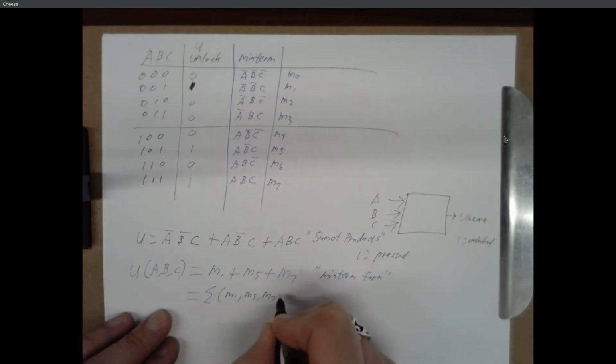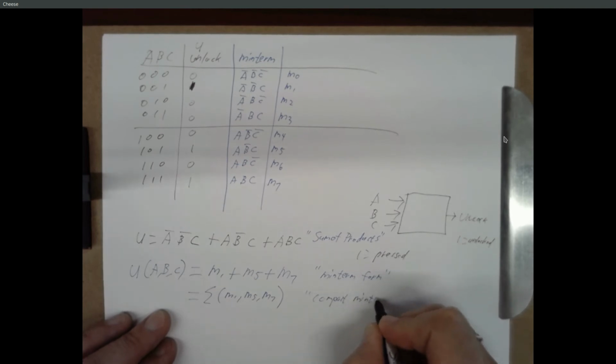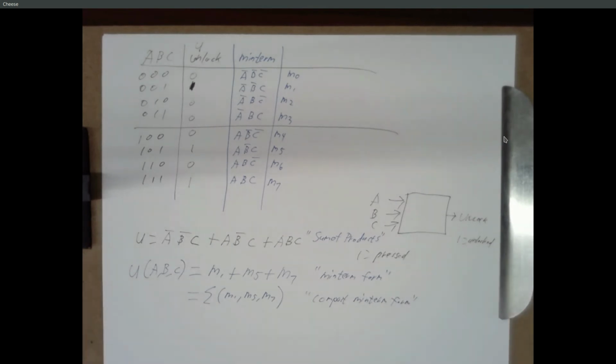And sometimes we write it like this, which is called compact minterm form. And we're kind of abusing the summation symbol to say we're going to add these three things together, M1, M5, and M7, instead of writing the plus signs in between.